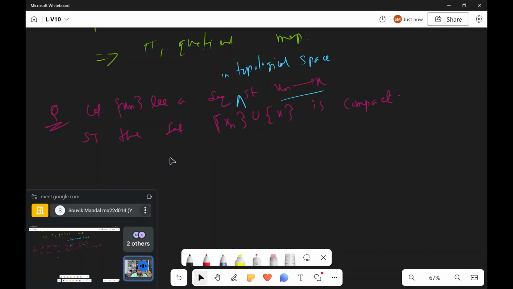That is, you need to show that every open cover has a finite subcover. Okay, this is what needs to be shown. Think about it. Let me know. Please take your time.